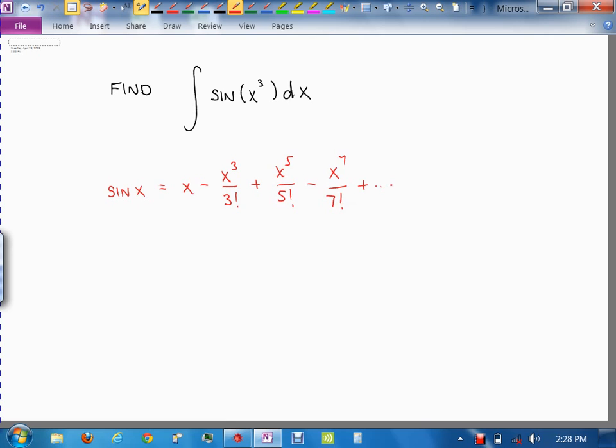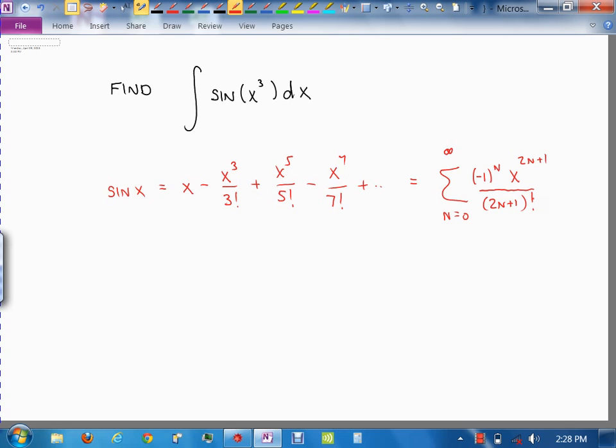Now, if you look on page 484, it also has the series in sigma notation, which is the sum from n equals 0 to infinity of negative 1 to the n, x to the 2n plus 1 over 2n plus 1 factorial. Is that what it has in the book?